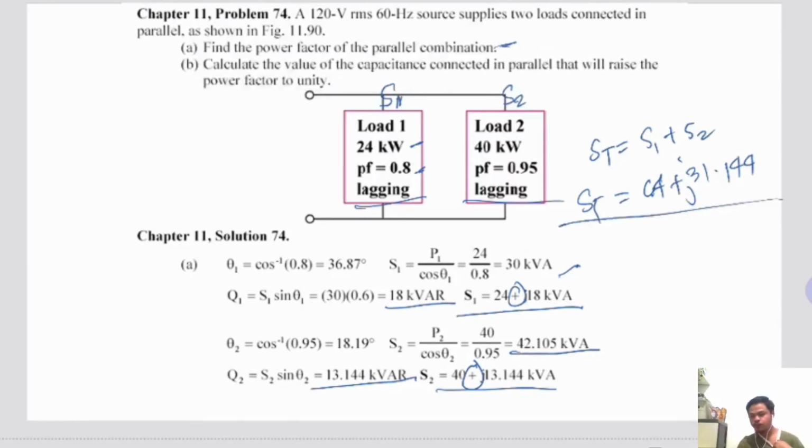To find the power factor, we use the power triangle. You have 64 and 31.144.